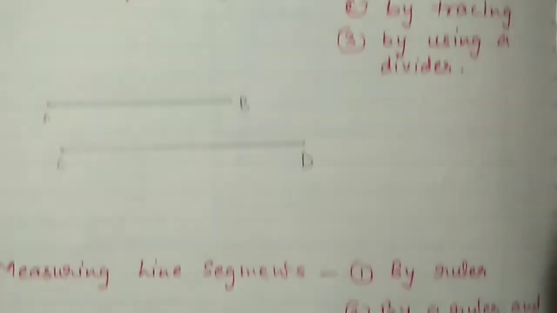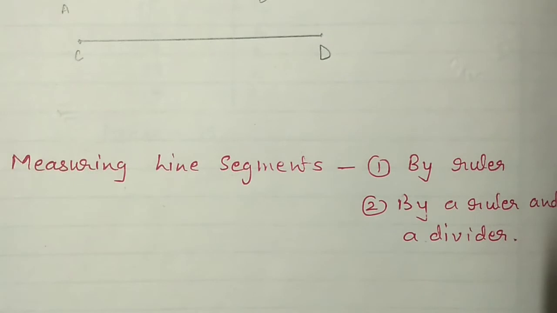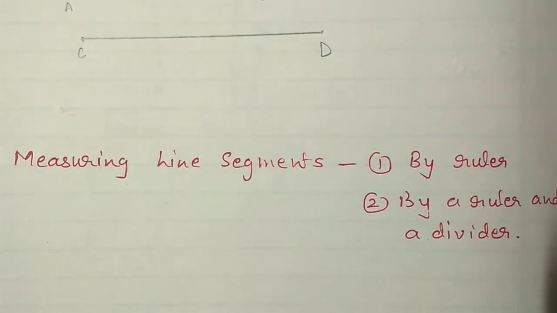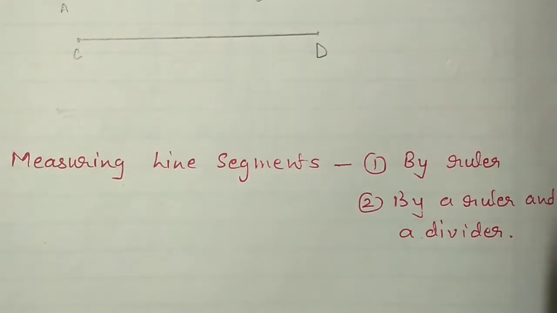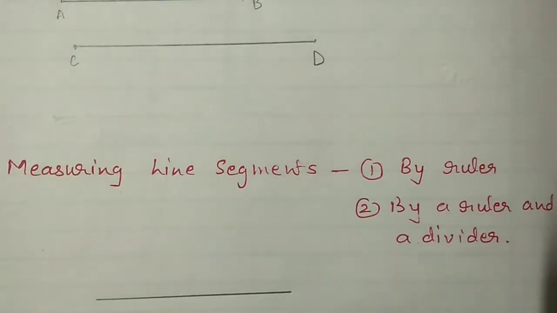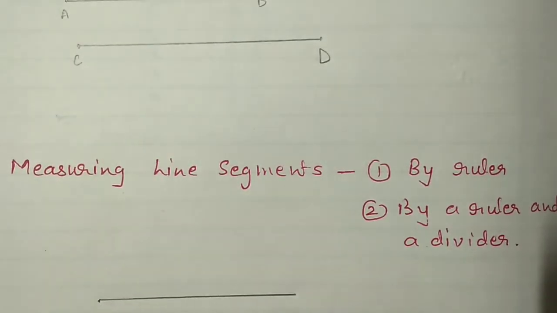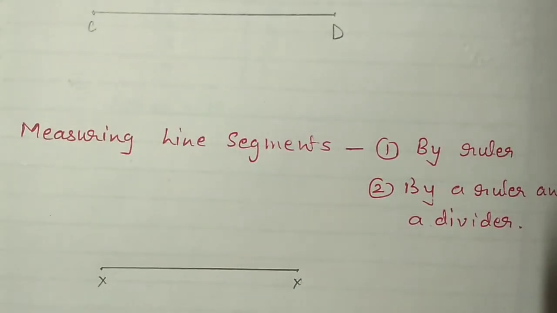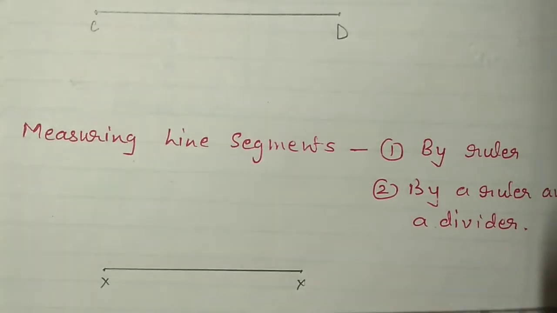Second thing you will learn here, measuring line segments. So how can we measure a line segment? First method is by ruler. Directly we can keep our ruler on the line. Suppose this is one line segment XY. So directly with the help of a ruler we can measure it. Then how to keep your ruler?